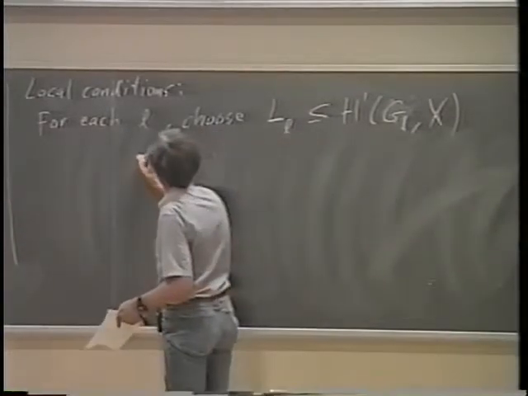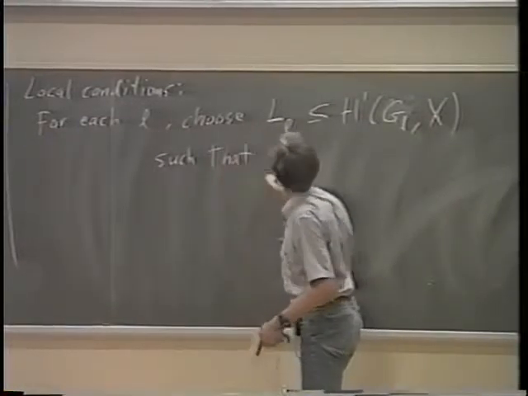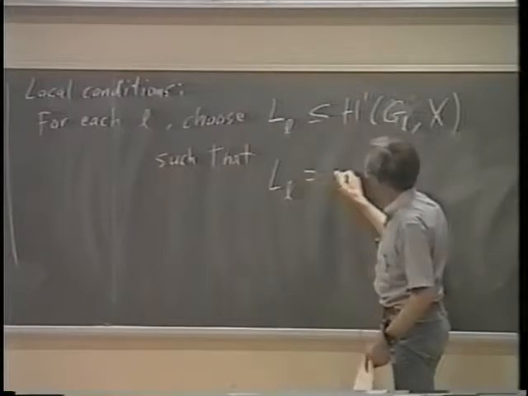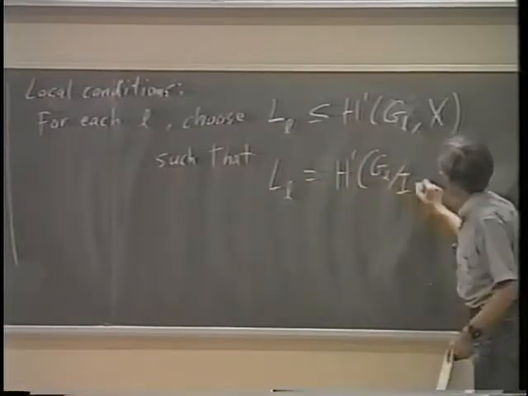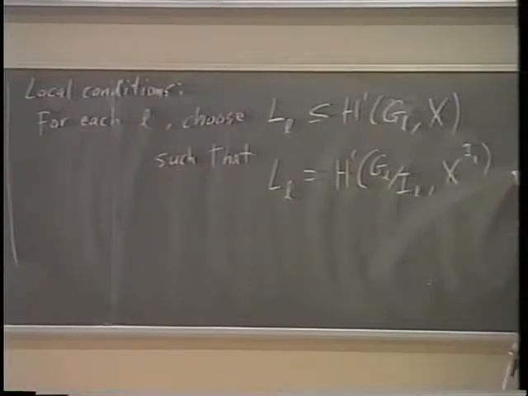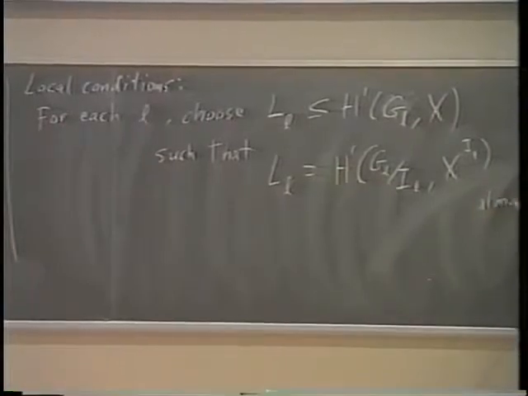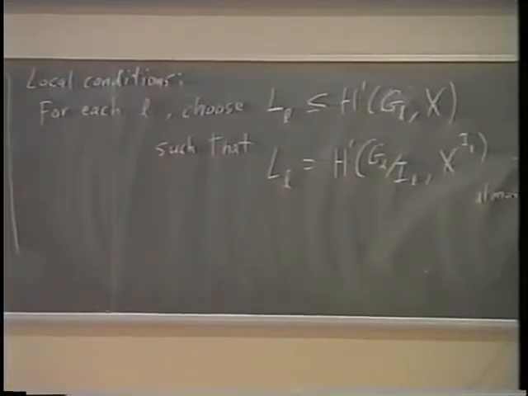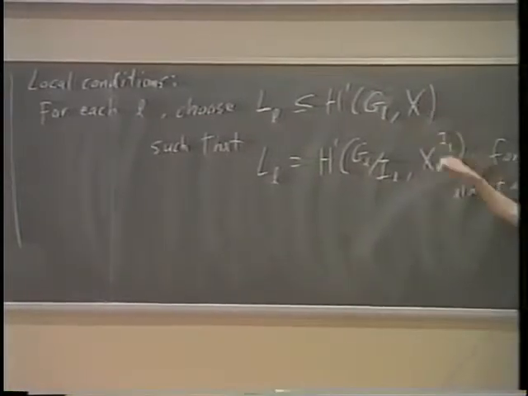So we include the condition such that L sub L is H1 of G_L mod I_L, X to the I_L, for almost all, and that means all but finitely many, L. So this means we take the unramified classes for almost all of them.